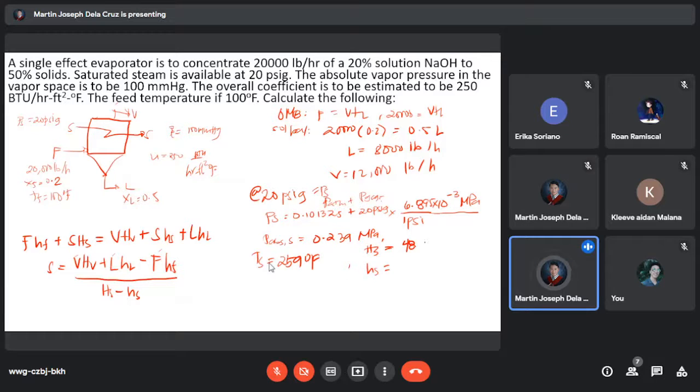I have here 48 point. Check ko ng class. Yeah, 48.898.